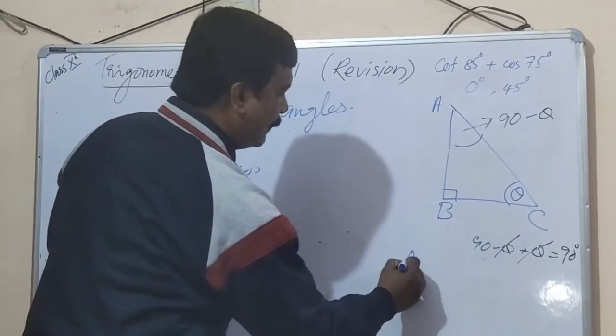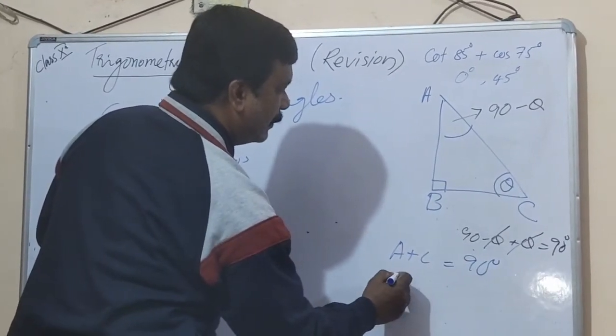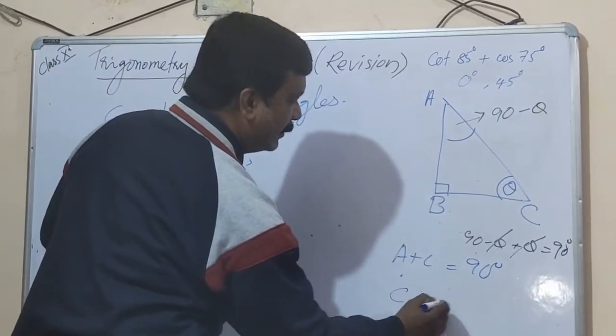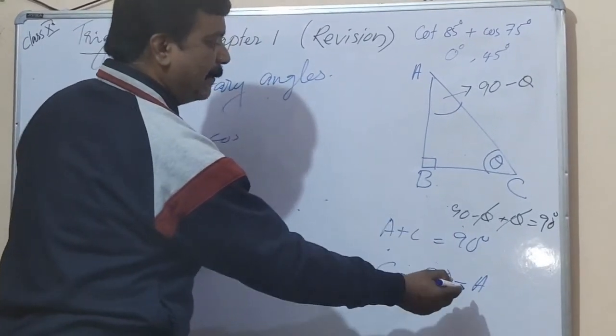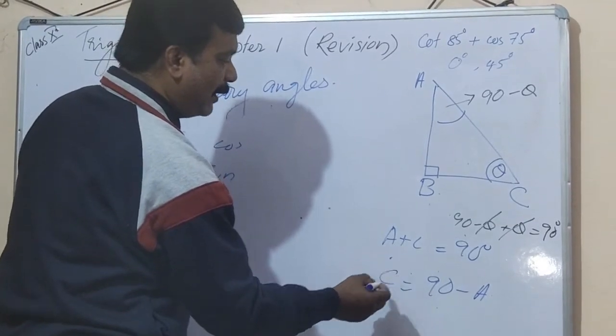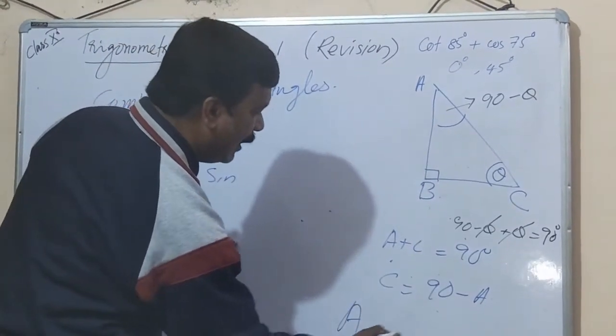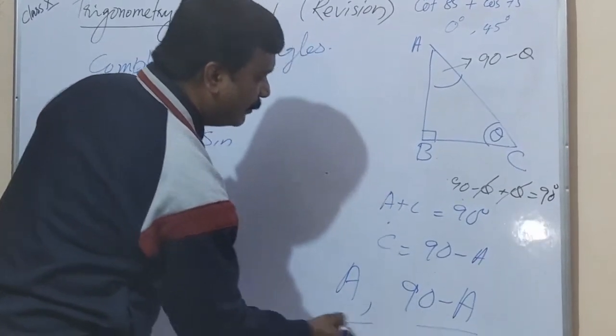It means, what I am telling you is, see here, A plus C is equal to 90 degree. So you can write C is equal to 90 minus A. So we can say, this A and 90 minus A are complement to each other.